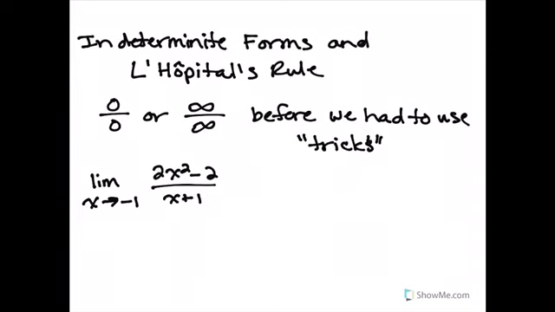Okay, if I direct substitute a -1 into this function, I'll get 2 minus 2 in the numerator. Well, that's 0. And I'll get -1 plus 1 in the denominator. That's 0. That's an indeterminate form. So before, we would have factored this.